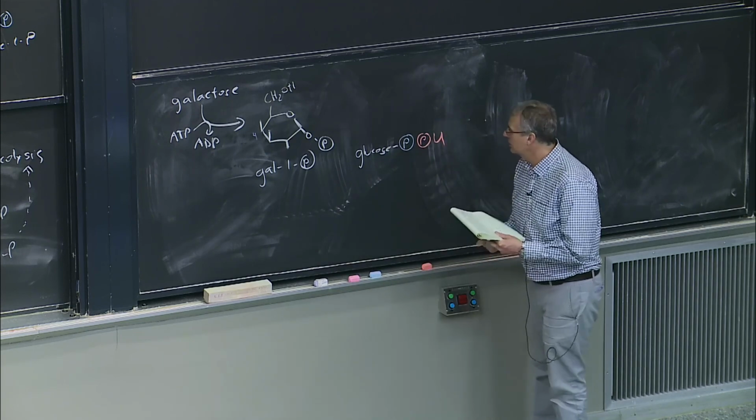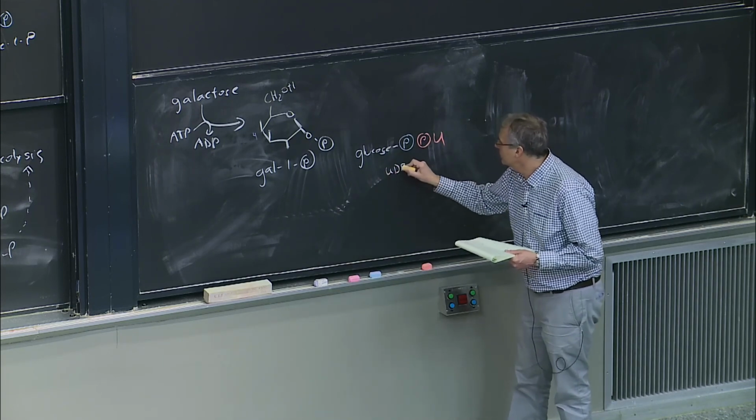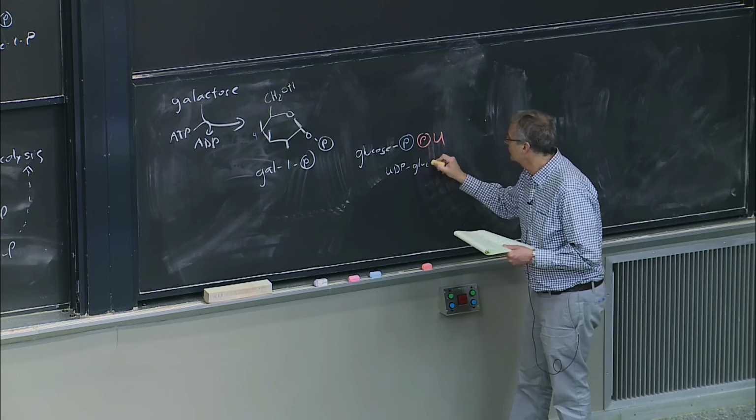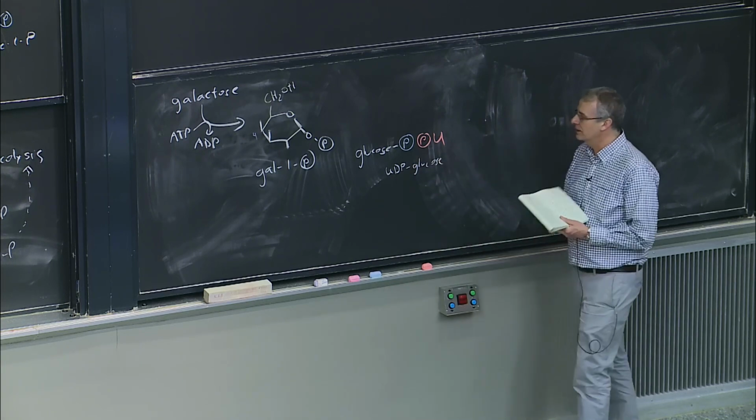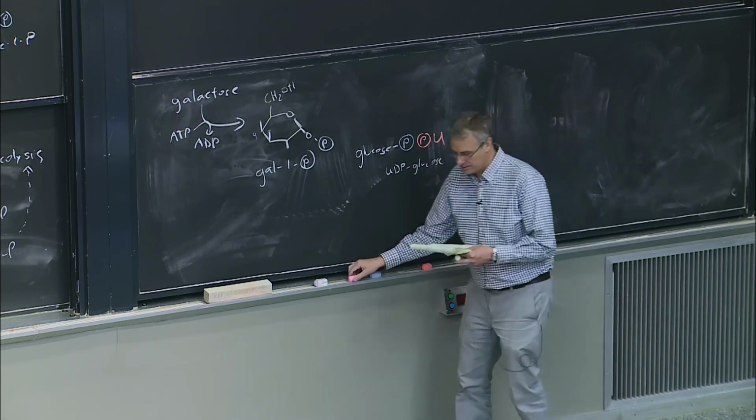So here is UDP glucose from glycogen metabolism drawn in a very stylized way.